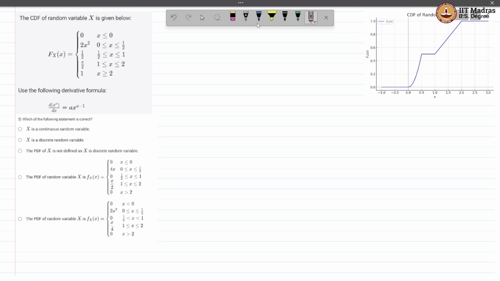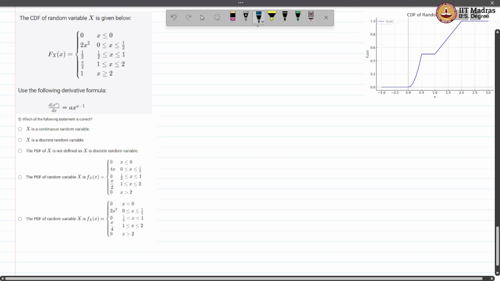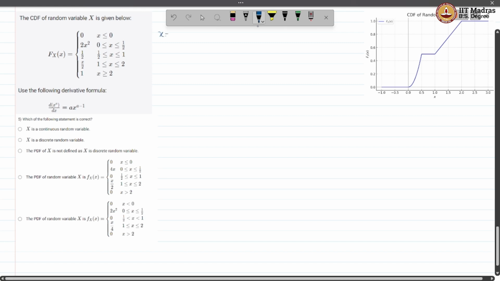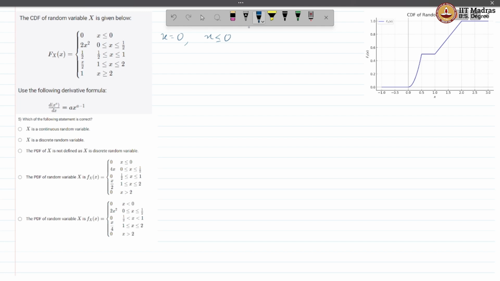So let us find the step sizes. So how do we find step sizes? For finding the step sizes, we look at the point where definition of CDF changes. For example, at x is equal to 0, in the interval x less than equal to 0, the CDF is equal to 0, and in the interval 0 to half, the CDF is defined as 2x squared.